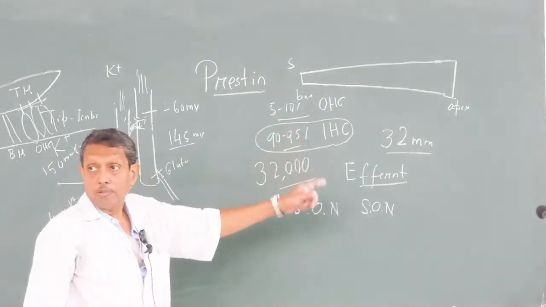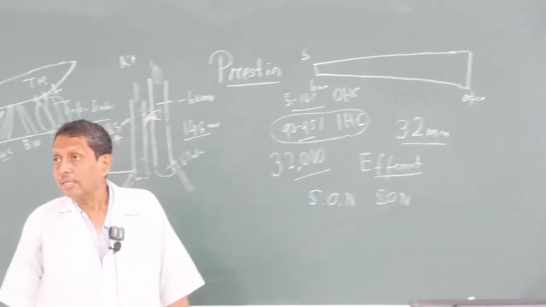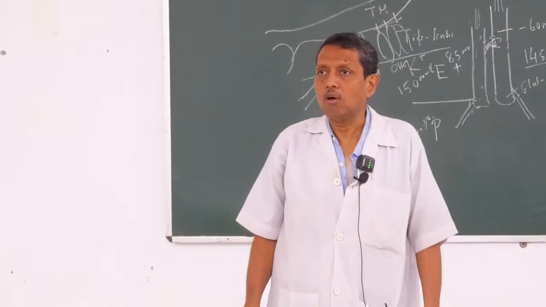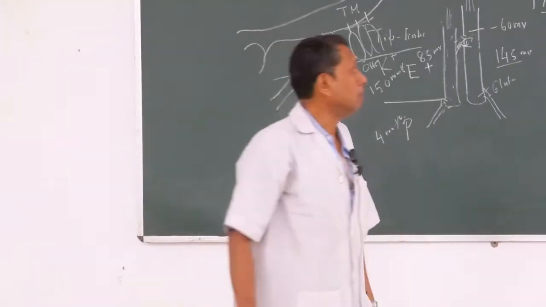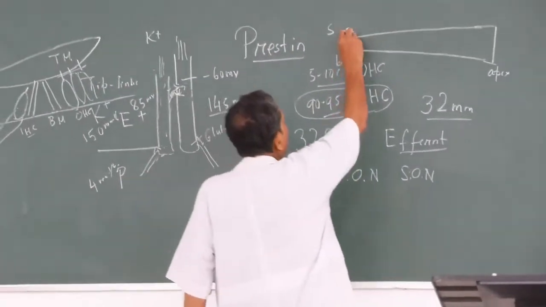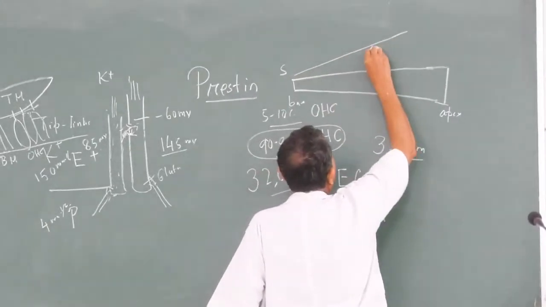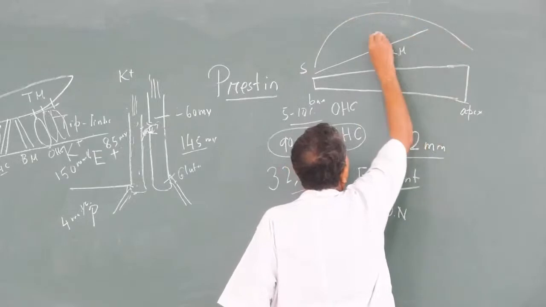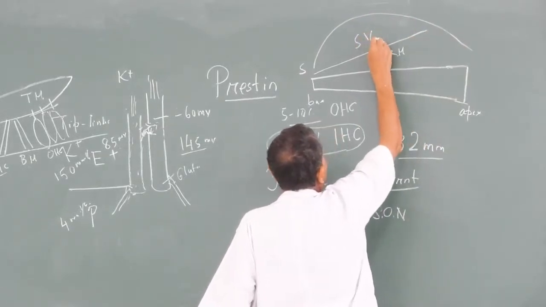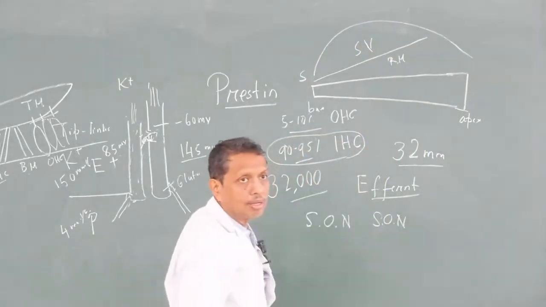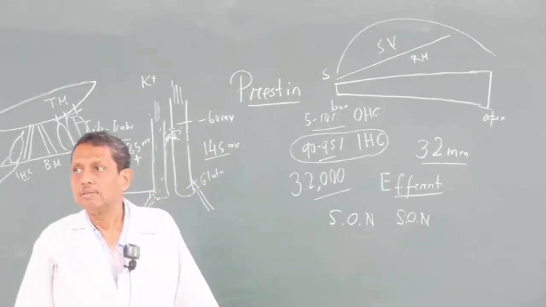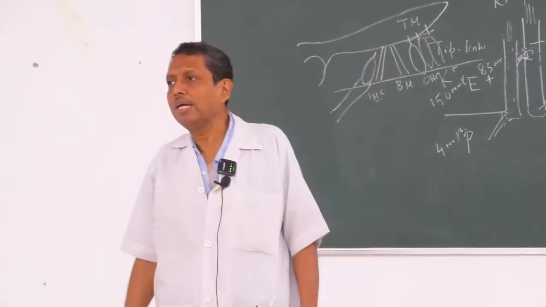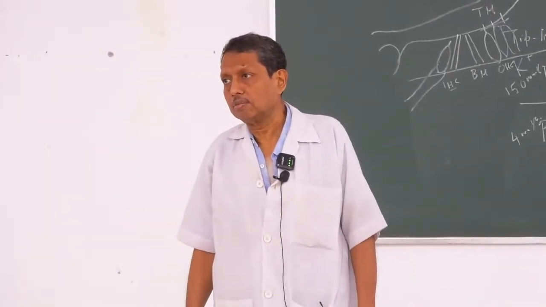And they contain different types of fibers. And they are not under tension. Suppose they are above the vestibule, there is the scala vestibuli. They are not under tension, and the basilar membrane is also not under tension.